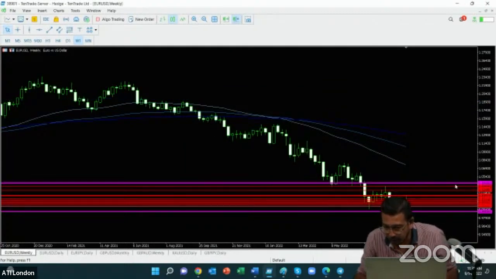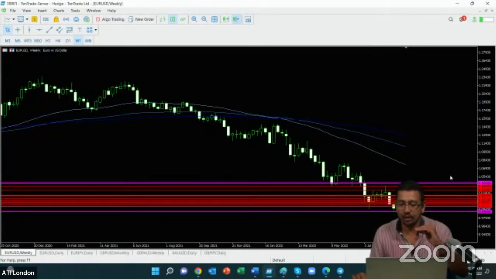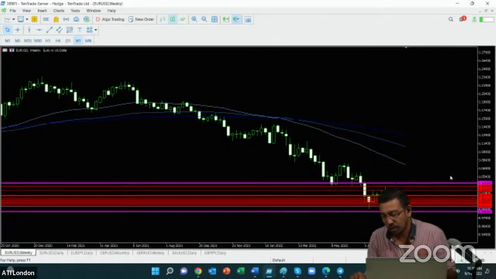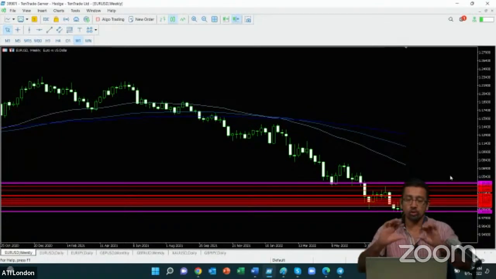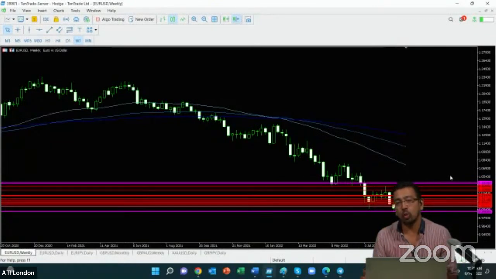Okay, so we've got that line there now at 1.0420 as opposed to 1.0427, which is really close, about 7 pips or so. But I'll explain why that line at 1.0427 and the lower one at 0.9900. So once you've got those two lines, this is a range or a zone that is worth monitoring for trading opportunities.